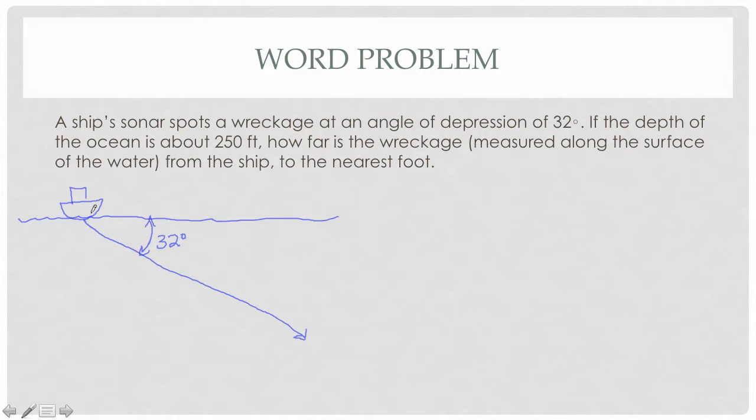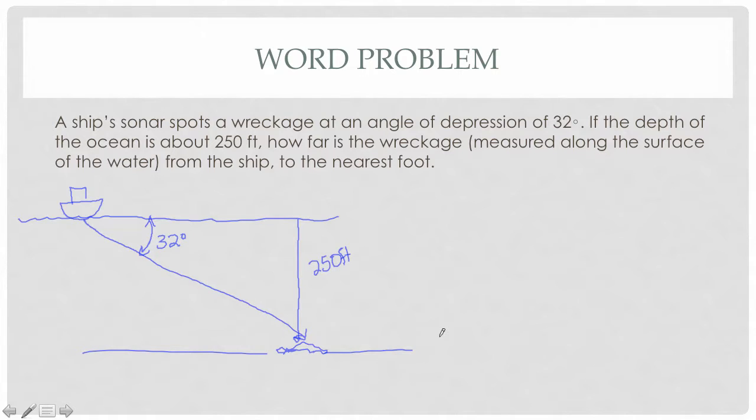It's angle of depression, again, going down, not going up. They're looking underwater. The depth of the ocean is 250 feet, so now we're given a depth. So that's our straight down, 250 feet. And the ship sees some sort of wreckage. That's where it is, on the ocean floor. All right, there's a picture showing what's going on in this problem.